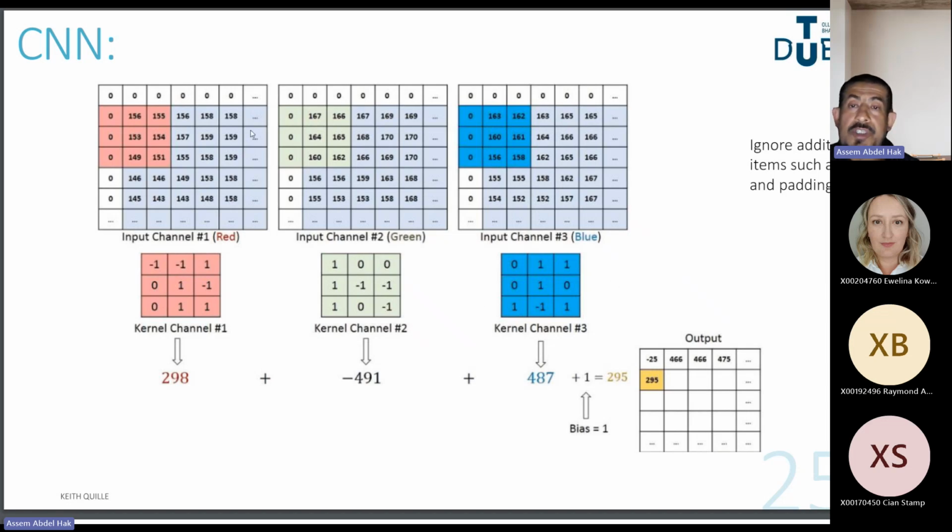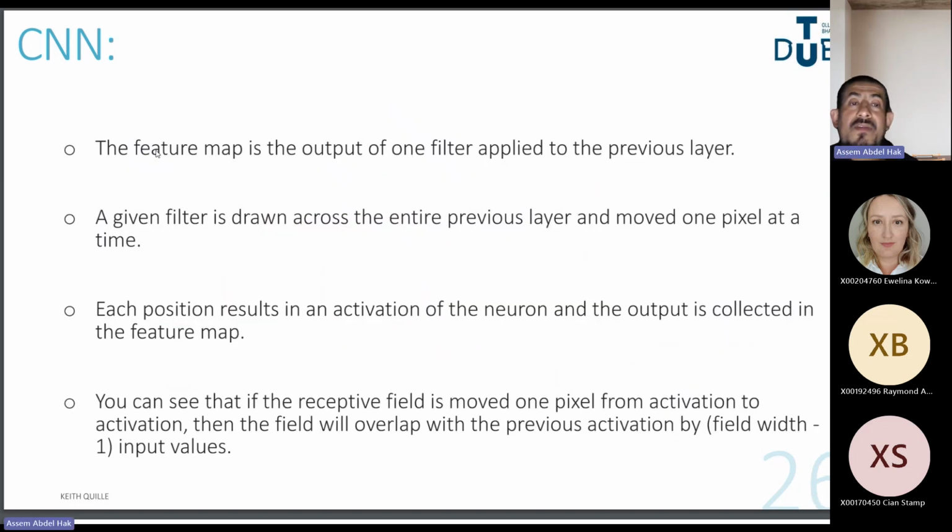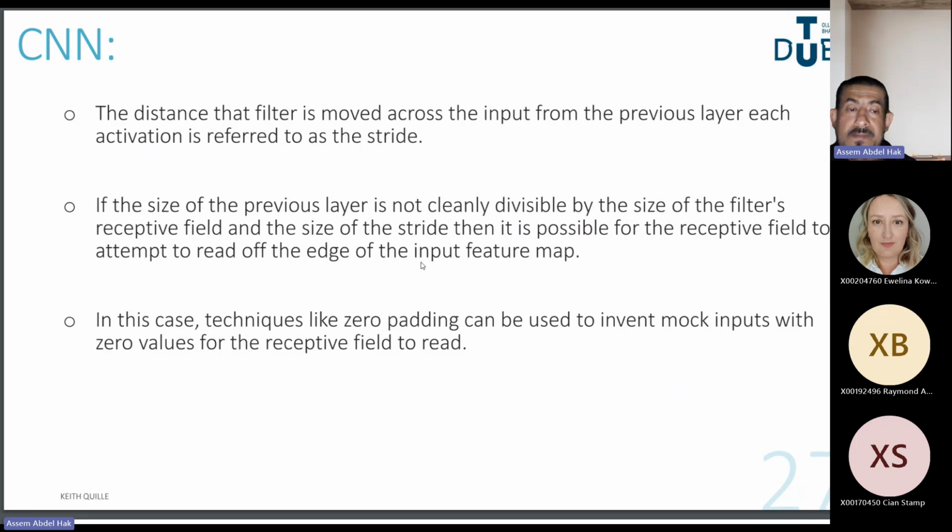This is the RGB image and this is the RGB filter. I apply this filter here, here, and here, and it gives me these numbers. If I have a high number, I will know this filter exists in this part of the image. After this, we have a feature map, which is the output of one filter applied to the layer. Okay, so we're done with this.